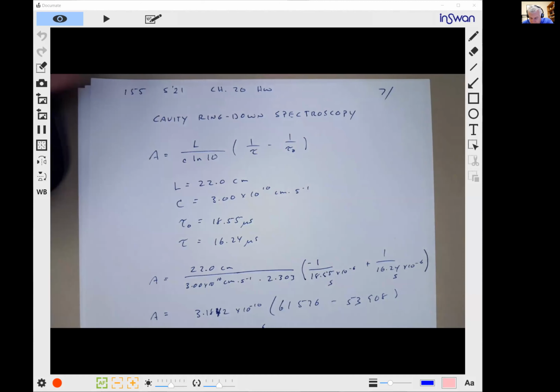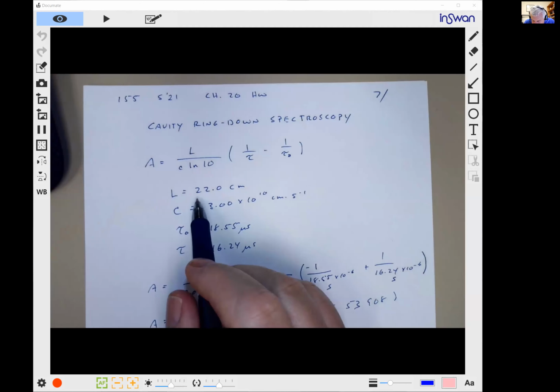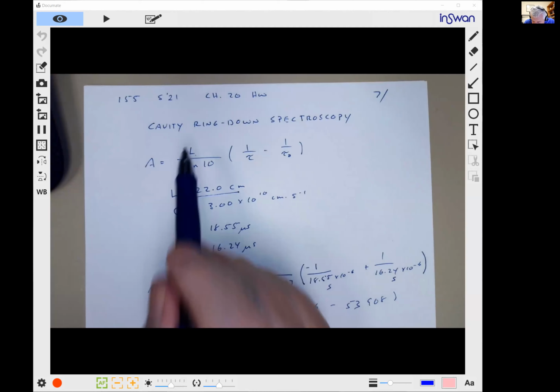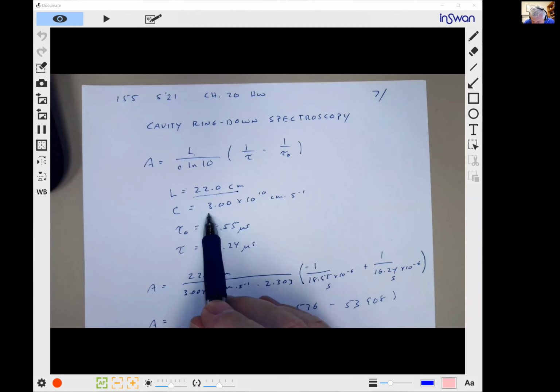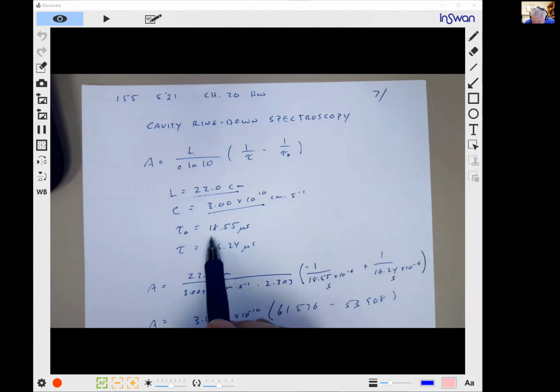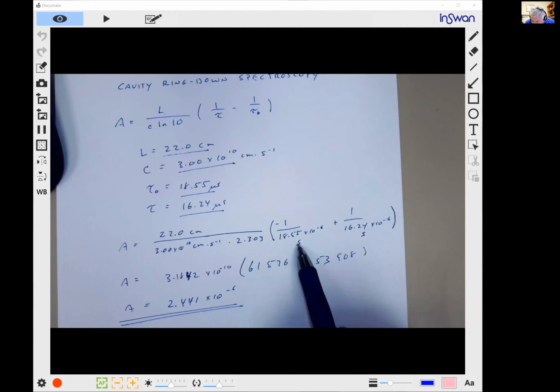The values I had were a little bit different here. If you have a 22 centimeter cavity, this is L. C is the speed of light. And then log of 10, 2.303. And then tau 0 and tau. So you basically just substitute all those values in there.